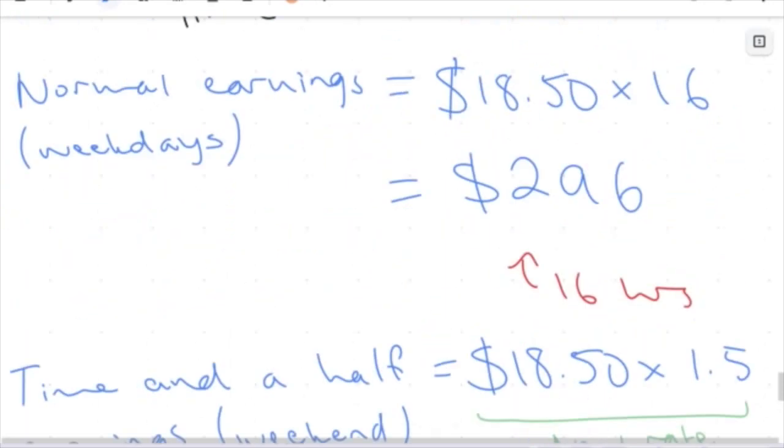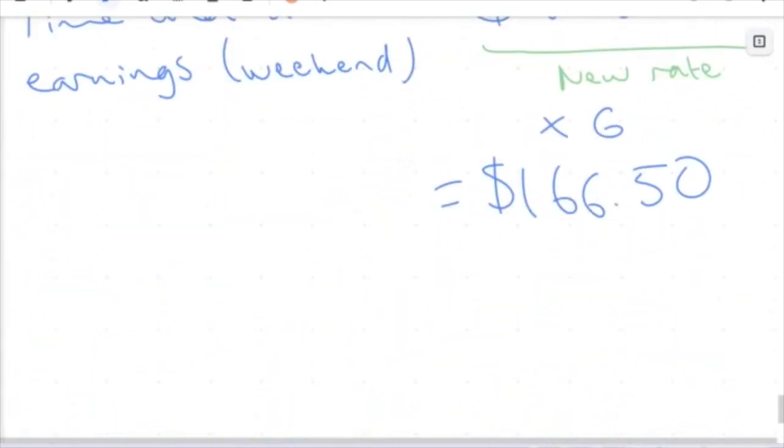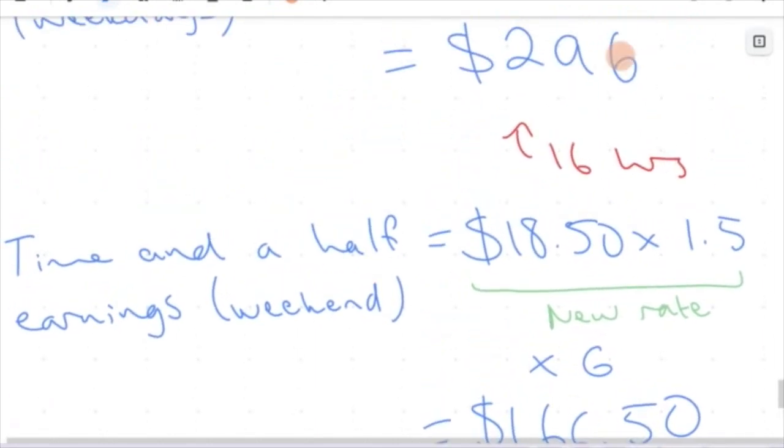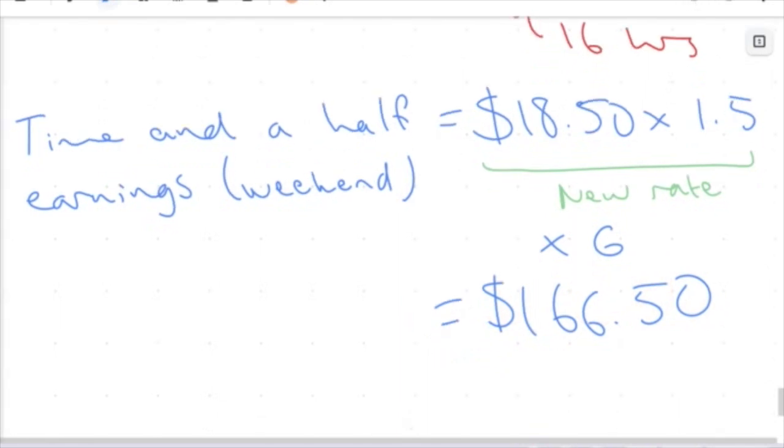But now we want to find the total amount of money we made that week. So what we're going to do is take our $296 and add it to our $166.50.